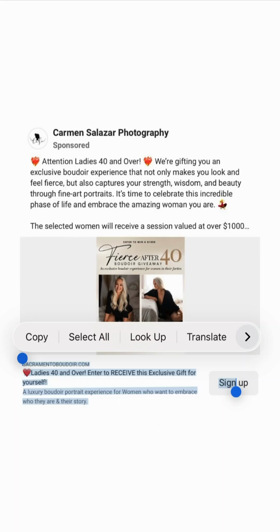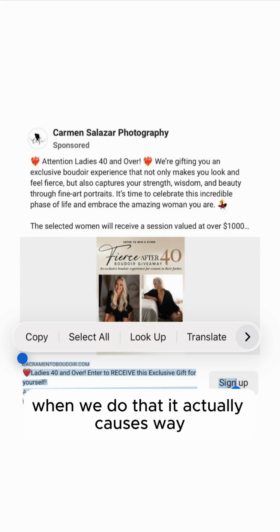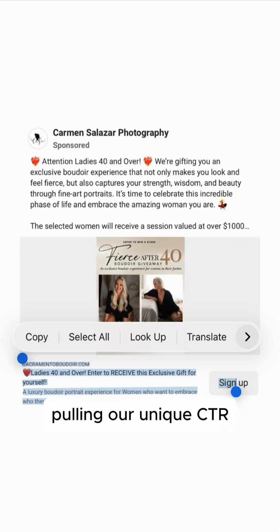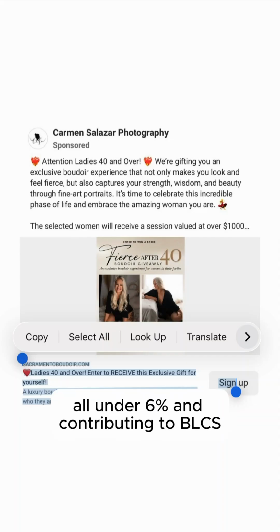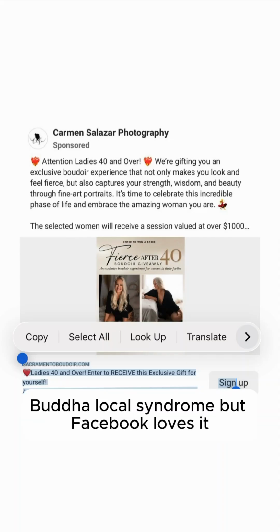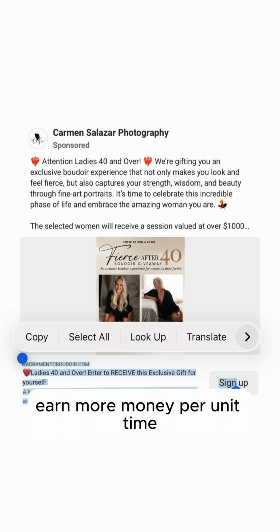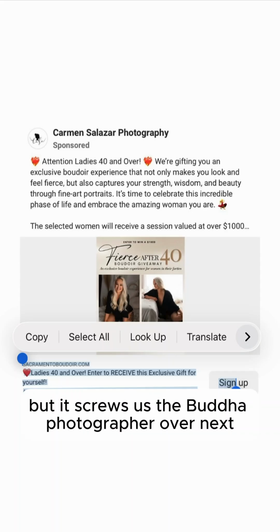And when we do that, it actually causes way, way, way more women to scroll by our ads than necessary, pulling our unique CTR all under 6% and contributing to BLCS, Boudoir low click syndrome. But Facebook loves it because Facebook can serve more ads per unit time, earn more money per unit time, but it screws us, the boudoir photographer, over.